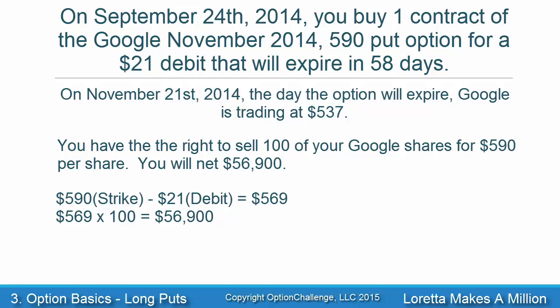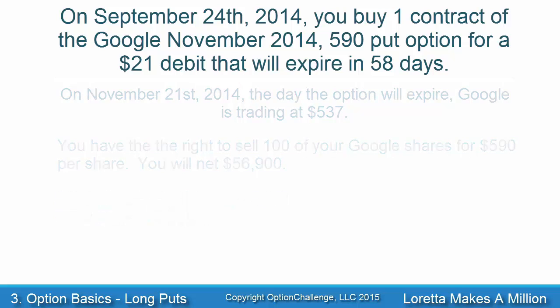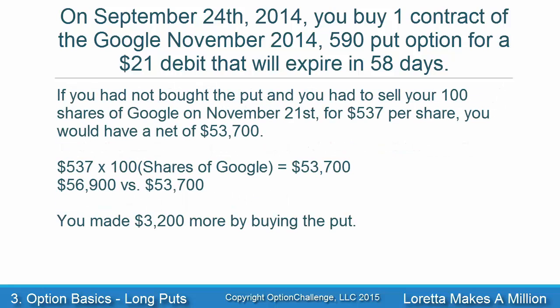You subtract the $21 debit paid to buy the put from the $590 strike price, which would equal $569. $569 times 100 shares of Google would equal $56,900.